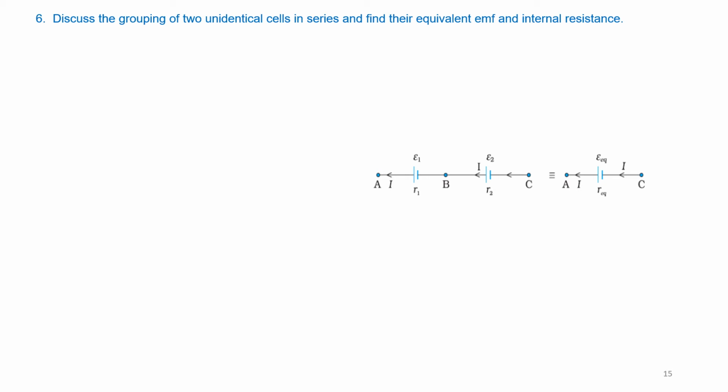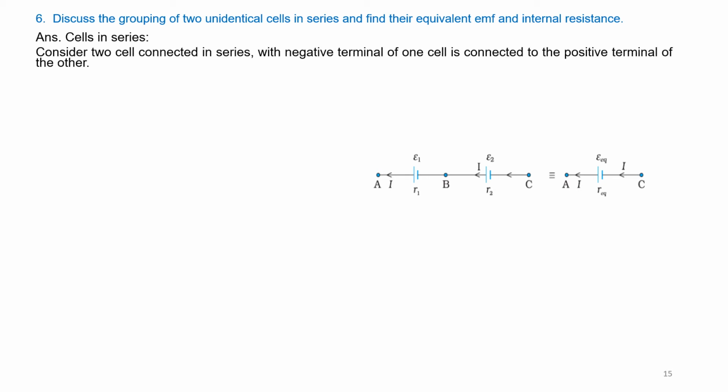These two terminals A and C are shown here. That means this circuit is equivalent to this circuit, but with a single cell and an equivalent resistance. And please note the direction of the arrows is the same. These are called cells in series.